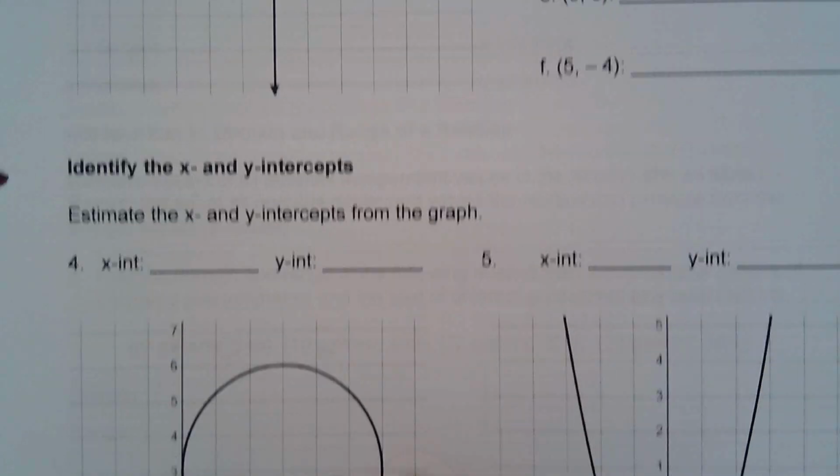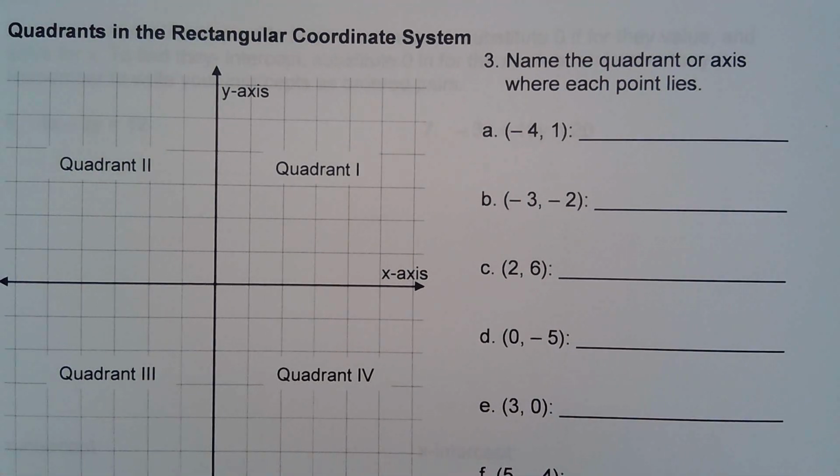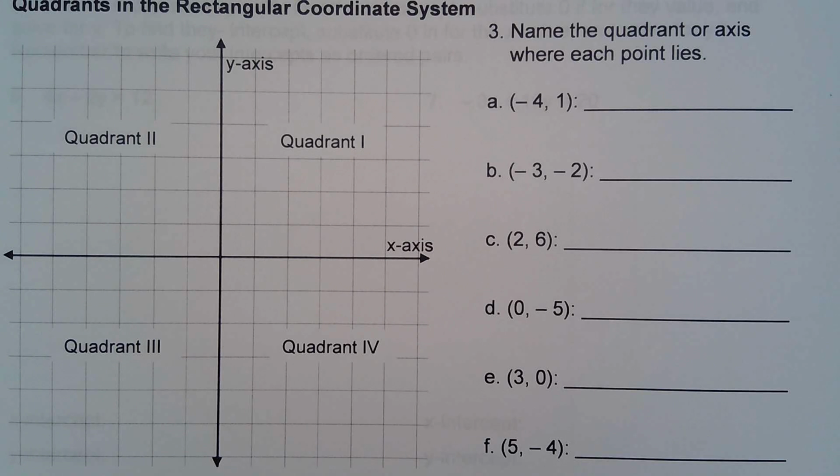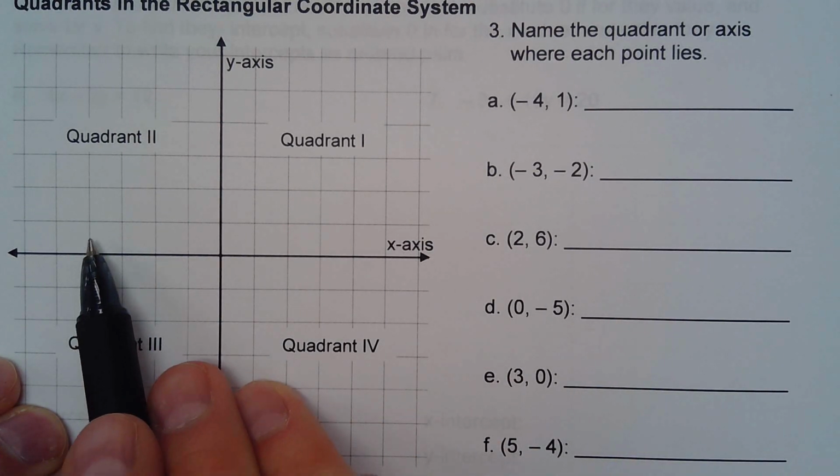Let's take a look at problem number 3. So this time we want to identify the quadrant or axis where the point lies. I want to determine the quadrant or axis that the point's on. Looking at negative 4, 1, x is negative 4, y is 1.